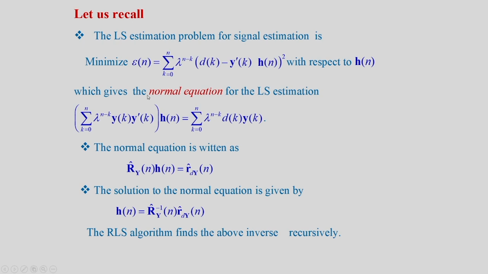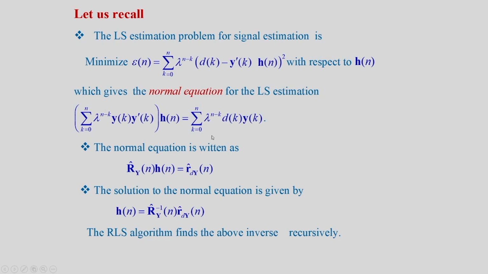The minimization gives the normal equation for the LS estimation, and this is given by this equation: summation lambda to the power n minus k yk vector into yk transpose, k going from 0 to n, into hn vector is equal to summation lambda to the power n minus k into dk into yk vector, k going from 0 to n.